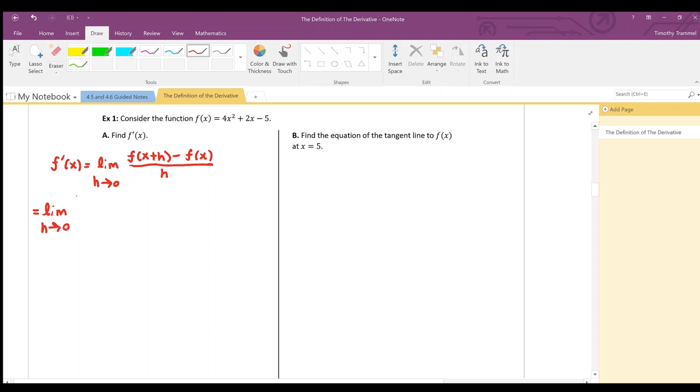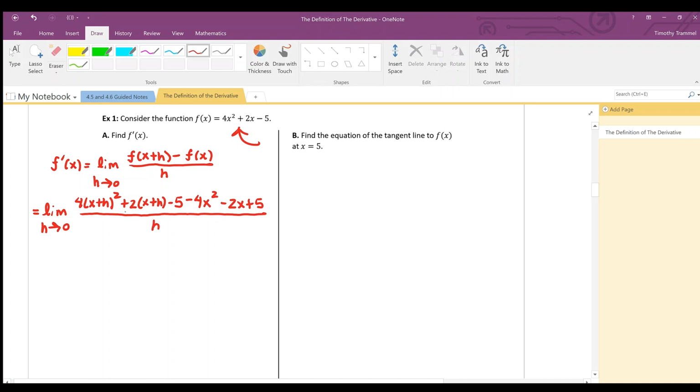So we're going to have 4 times x plus h squared plus 2 times x plus h minus 5. And then we want minus f of x. If you do minus f of x, it's just going to change all the signs up here. So we'll have minus 4x squared minus 2x plus 5, and then this is all over h.